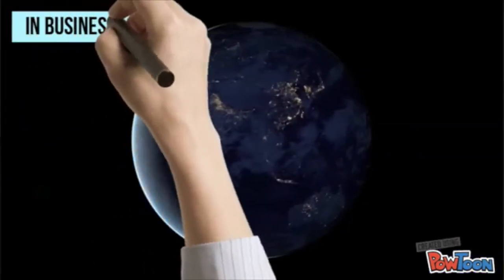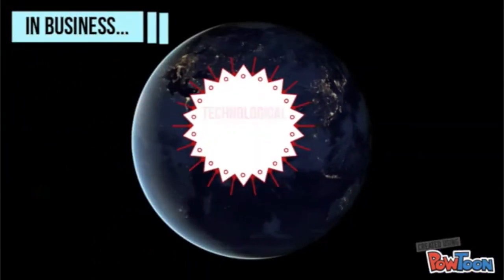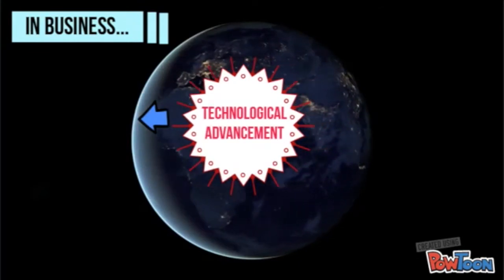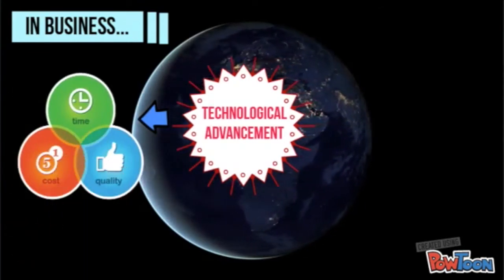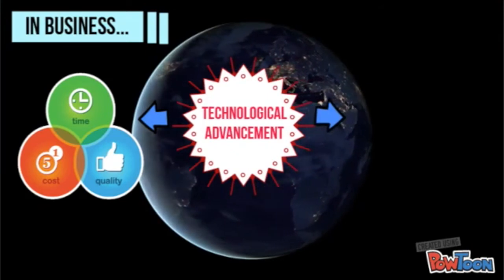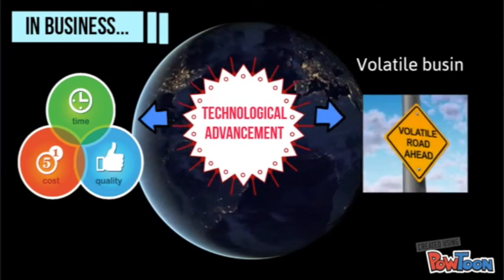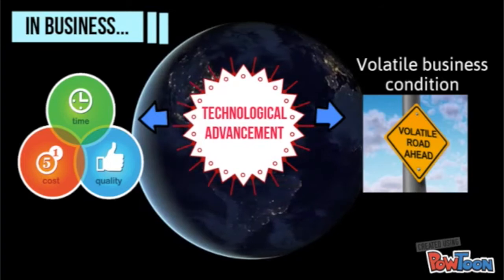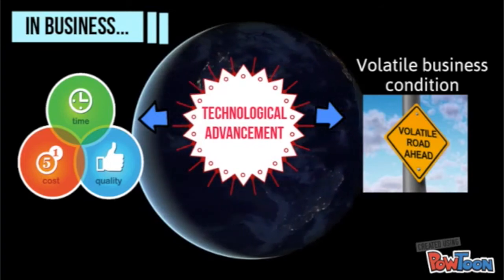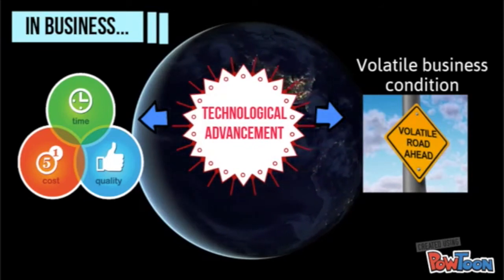In business, technological advancements help organizations to save time, cost, and produce good product quality. However, business conditions might be volatile due to technological advancement, which affects the investment decision.